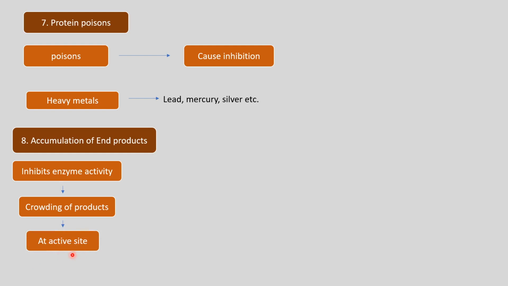As the active site gets crowded by product, this gives less chance to the substrate to bind, and less chance of substrate to bind means less enzyme activity, right? So when too much end product is formed, it can crowd the active site, leading to the unavailability of the active site for the substrates to bind.